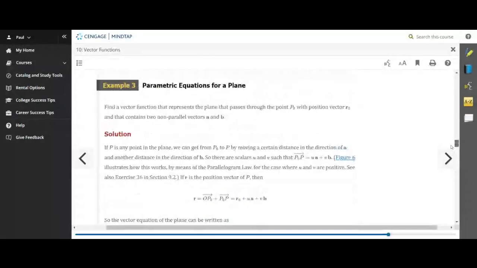They talk about some other examples too, for instance, parametric equations for a plane. Now, you can write a plane as a function of x and y.